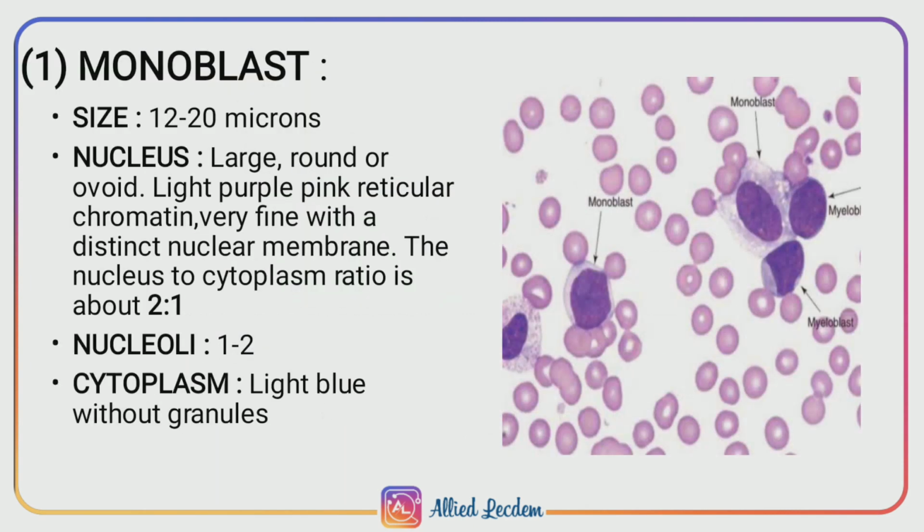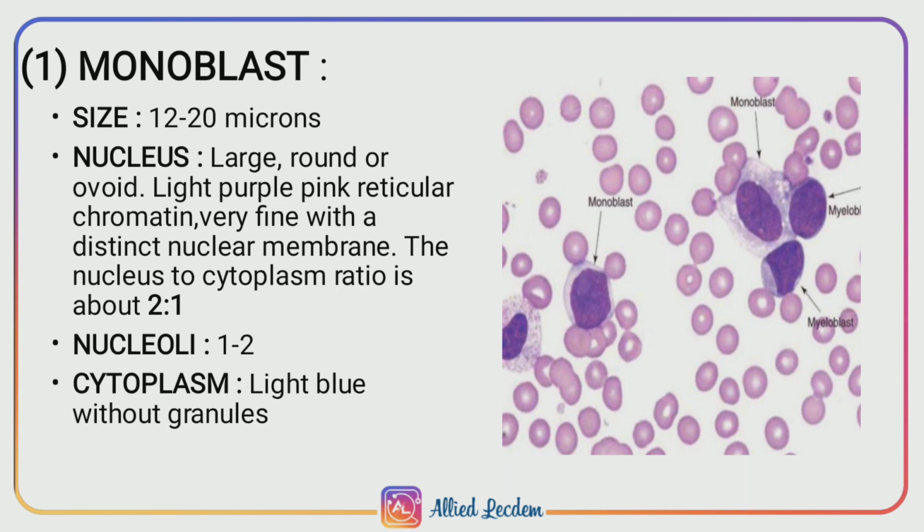Monoblast. The size of this monoblast ranges from 12 to 20 microns and its nucleus appears large, round or ovoid as in the blood picture, and the nuclear chromatin appears light purple, pink and reticular, and the nuclear membrane is very fine with a distinct and defined manner.